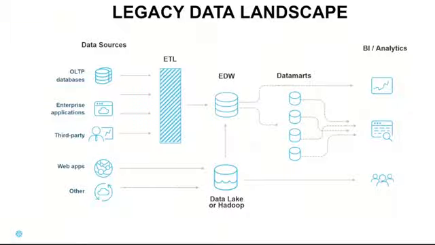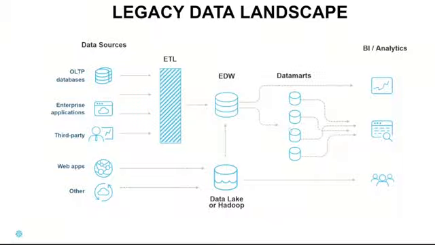So this is a typical legacy data landscape where you have used multiple tools and technologies to build your end-to-end data pipelines. For ETL, you might be using tools such as Informatica, SSIS, and so on. For the enterprise data warehouse, you might use tools such as Oracle, SQL Server, Teradata or Postgres. For the data lake, we might use AWS S3 or Azure Blob containers, or any kind of Hadoop system.